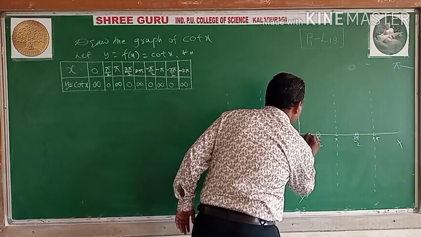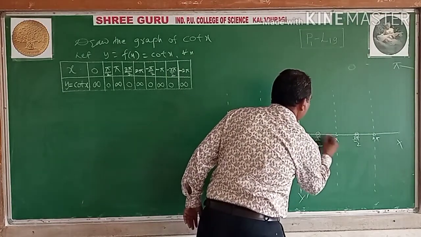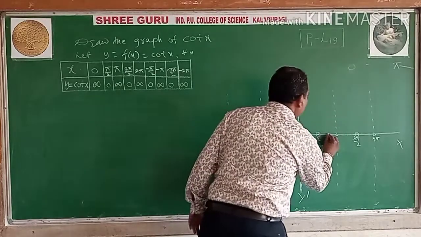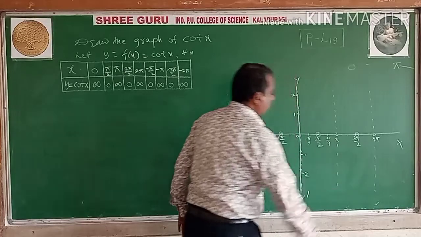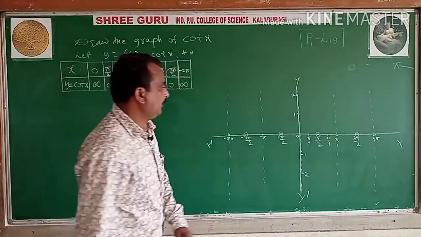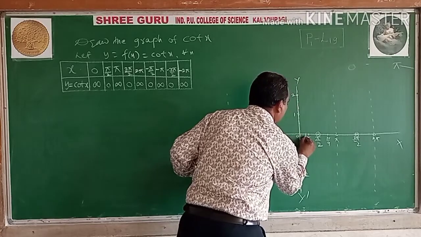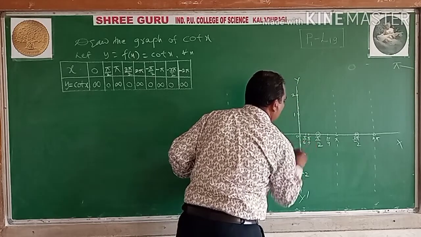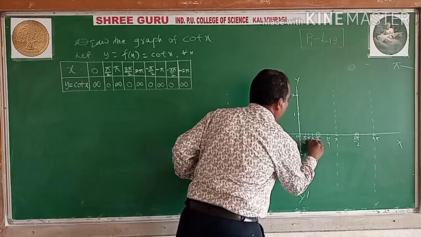See, pi by 4 is 45 degree. In between pi by 2 and pi, 3 pi by 4 is 135 degree. Next, 30 degree is pi by 6, 60 degree is pi by 3.